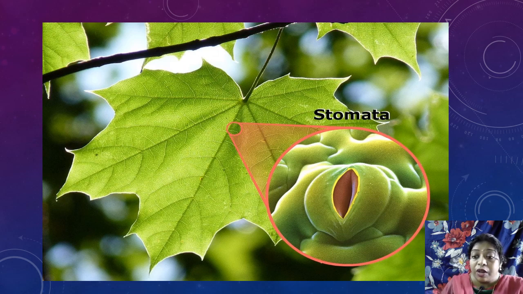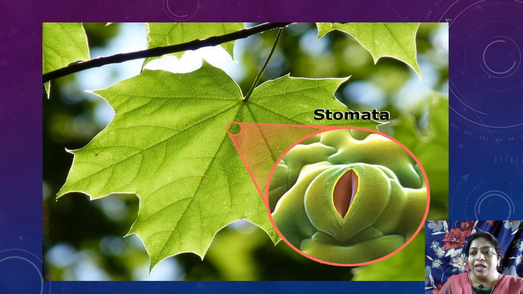The main function of the stomata is the exchange of gases, diffusion of gases, especially CO2 and water, between the plants and the atmosphere. Without this stomata, the exchange of gas is not possible. So stomata opening is the main function of the stomata.